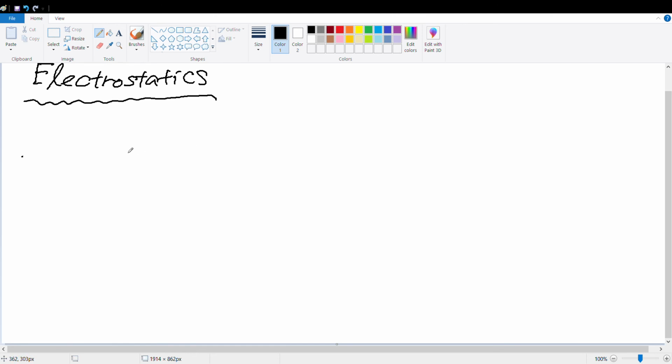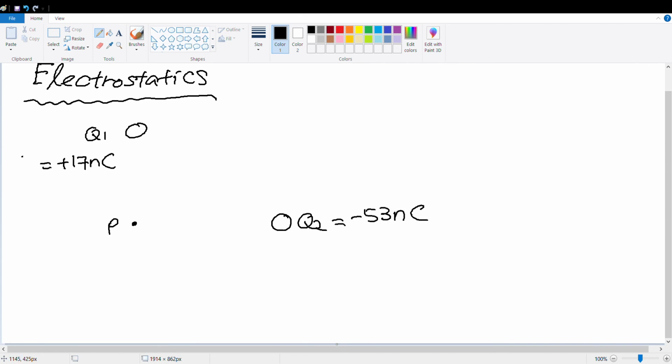Let's say this is my Q1, which is positive 17 nanocoulomb. This is the point P, and this is Q2, which is negative 53 nanocoulomb.